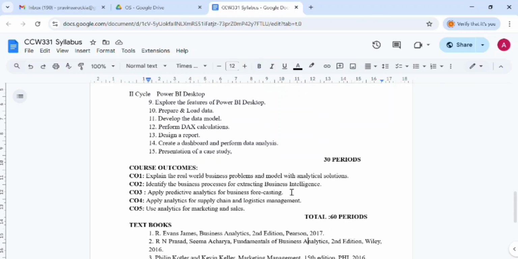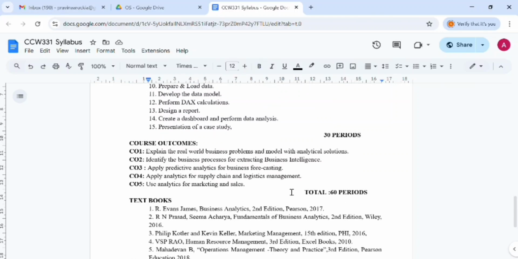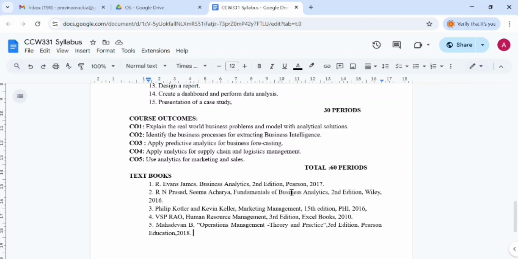So, what will be the outcome of this subject? At the end of the subject, we can easily identify the business problem, as well as forecast based upon that problem. And after analyzing, we can give a report on how to improve the business or how to start the business, in which area. Likewise, a lot of predictions can be made.